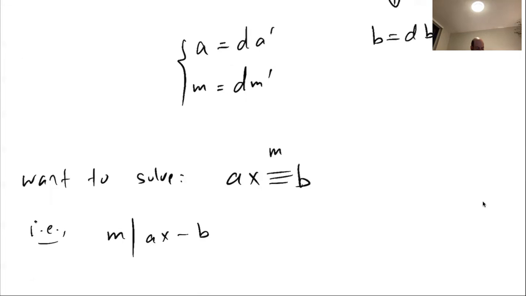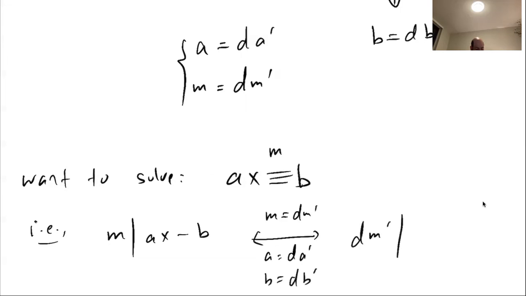So this is the same as saying that, because M I can write as D M prime, A I can write as D A prime, B I can write as D B prime, D M prime divides D A prime X minus D B prime.